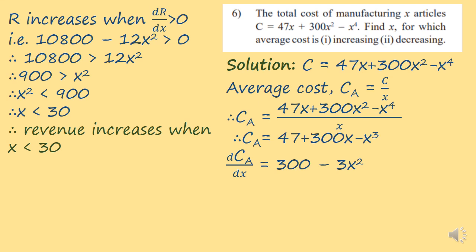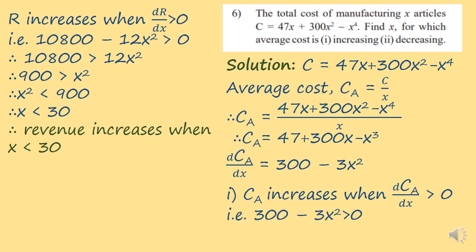Now to find when the average cost is increasing or decreasing, we find the derivative of CA with respect to x, which turns out like so, that is 300 minus 3x square, and then CA increases when the derivative of CA with respect to x is positive. Therefore 300 minus 3x square is greater than 0, or we say that 300 is greater than 3x square.